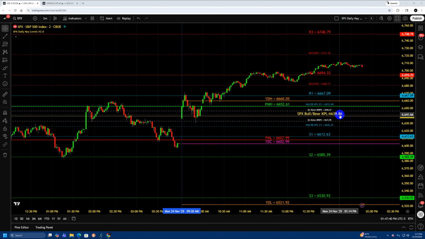If instead this was a bearish trade and the opening candle had instead closed below and we were looking at a bearish trade off of the bull bear KPL, then we would do the reverse. Then we would be looking below, and then our at the money standard play would be a 66.40 put.